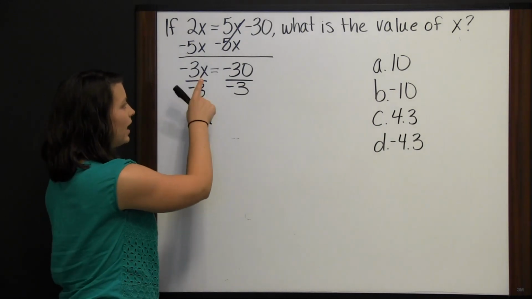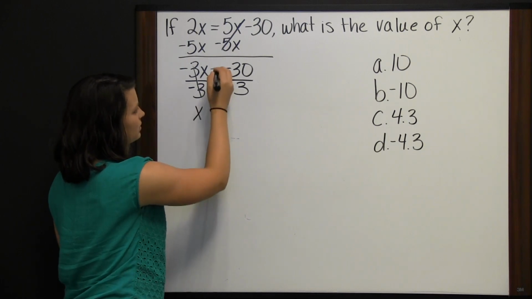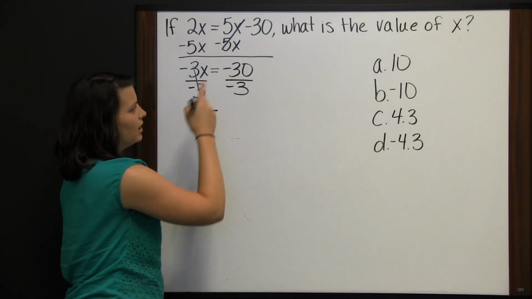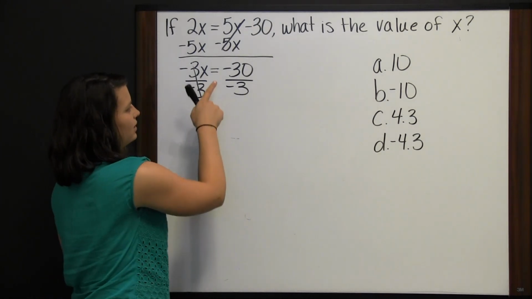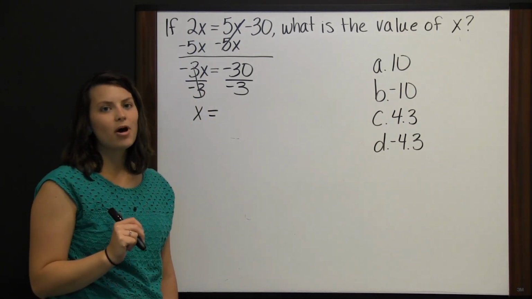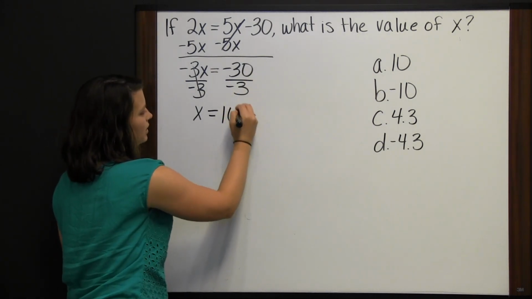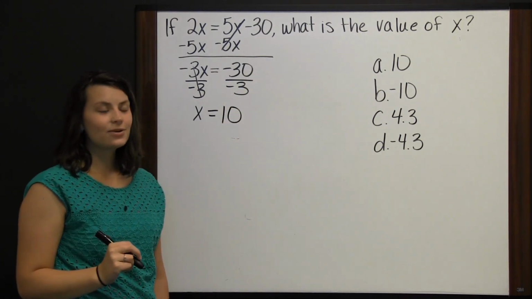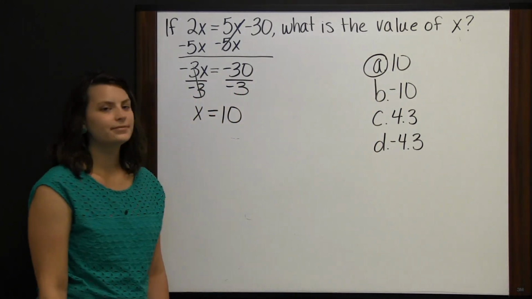And 1 times x is just x. So we have x equals negative 30 divided by negative 3. A negative divided by a negative is a positive, and 30 divided by 3 is 10. So x equals 10, which is answer choice A.